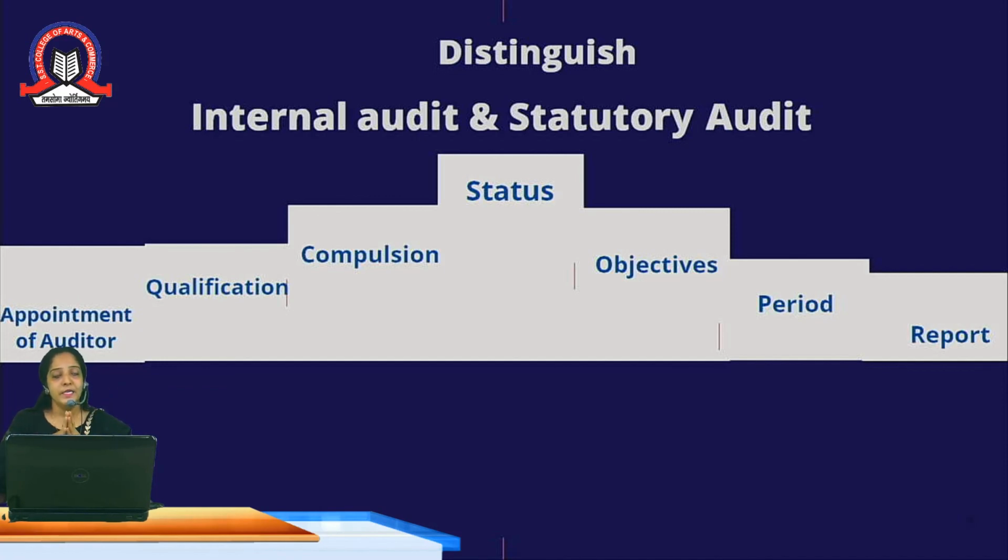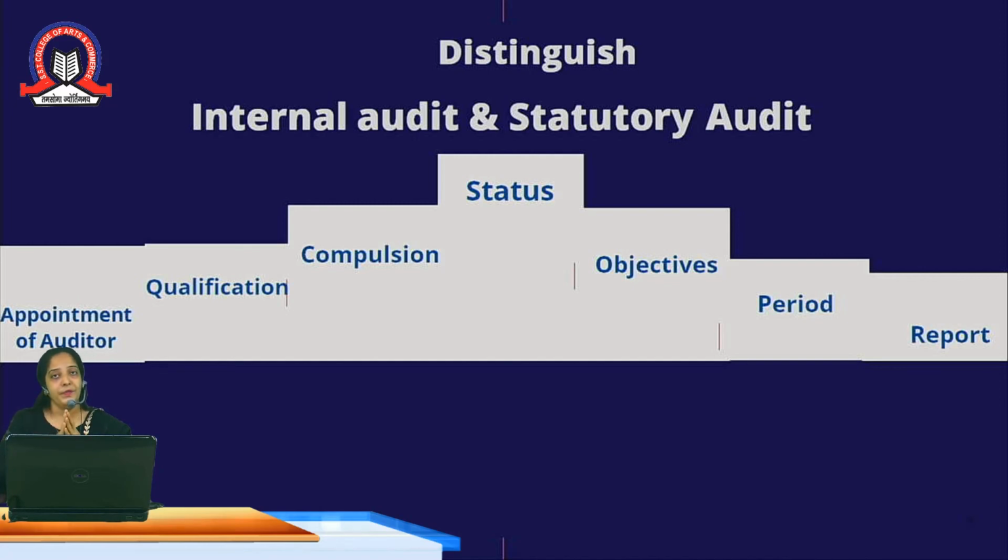Then objectives. The main objective of the internal audit is to check the arithmetical accuracy and also to check the internal control system of the company. However, for the external audit, the statutory audit, the main objective is to give an opinion about the true and fair view of the books of accounts.